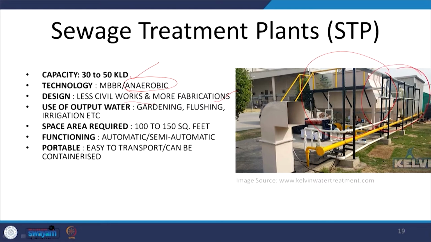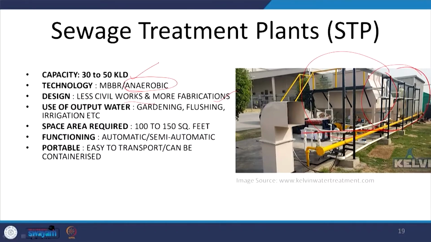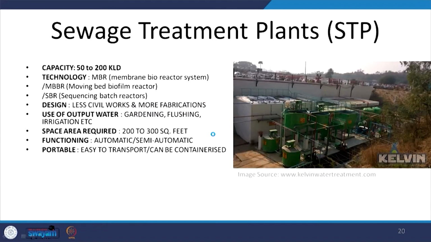We just have to bring it on site, and they have all these different chambers, the filters, the containers assembled as part of this prototyped product, and it just needs to be assembled here. Again, the water can be used for gardening, flushing, irrigation, etc., and it is automatic or semi-automatic, just as the MBBR.